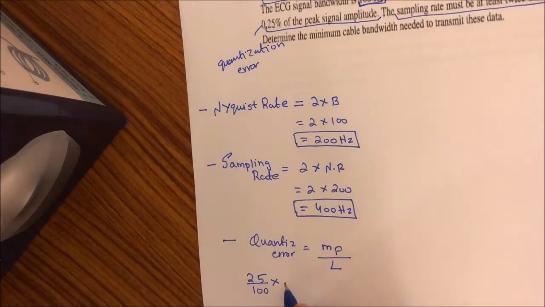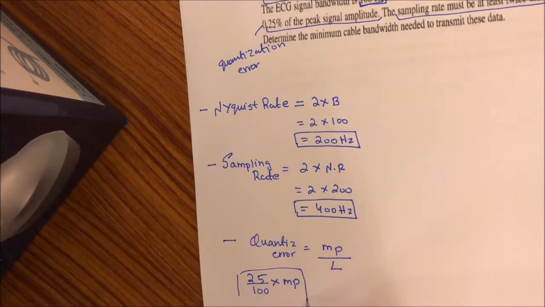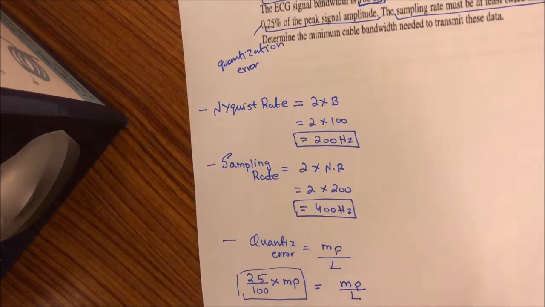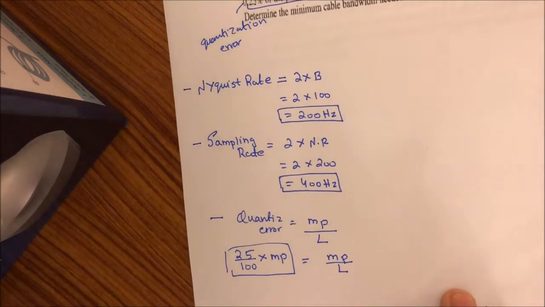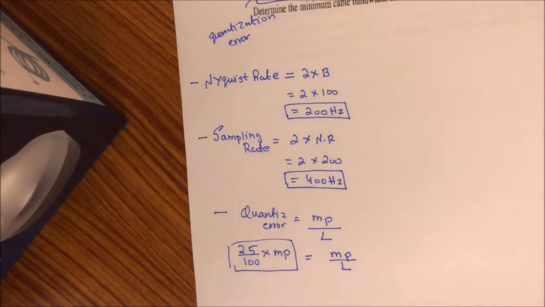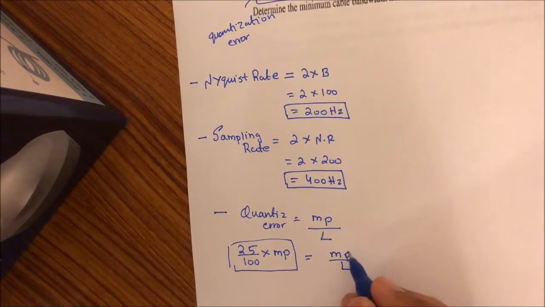So that is the quantization error, which is equal to MP over L. So from here you can see the MP will be cancelled out, and from here we can calculate the value of L.